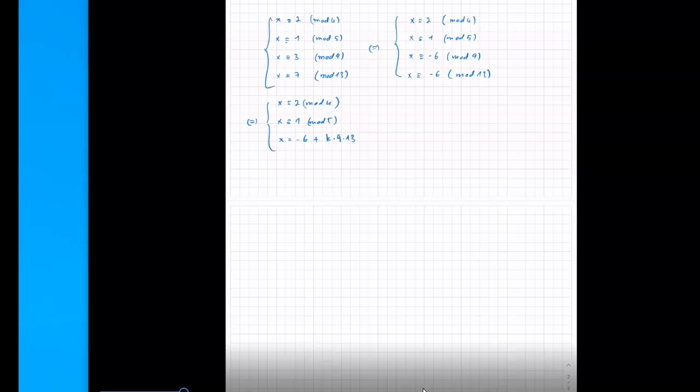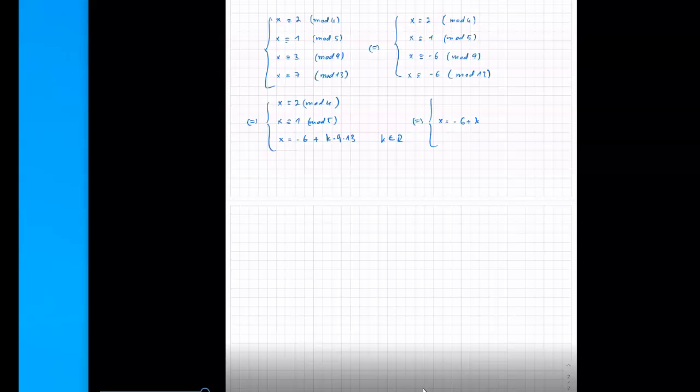I'm not going to calculate 9 times 13 first, because I can go further without knowing what 9 times 13 is. I will take this form of x and use it for the other two equations.